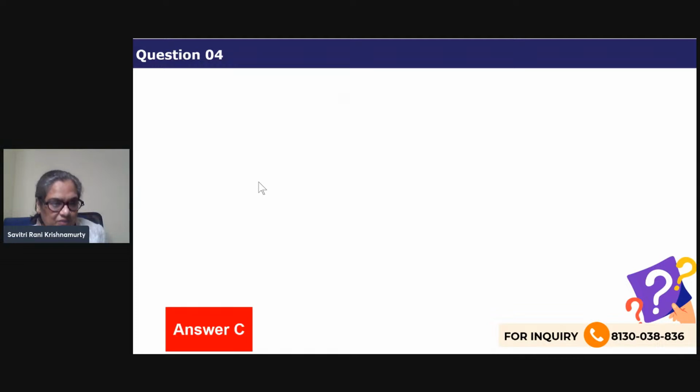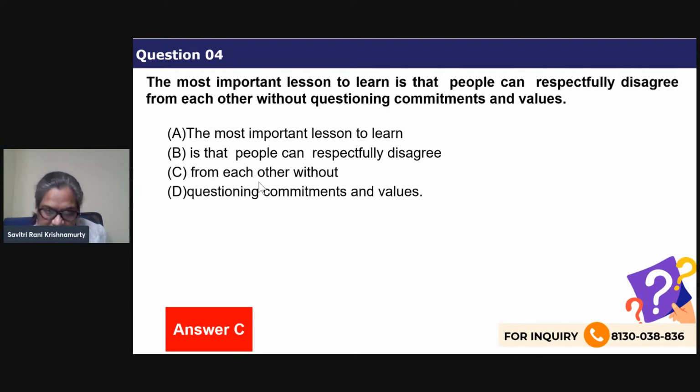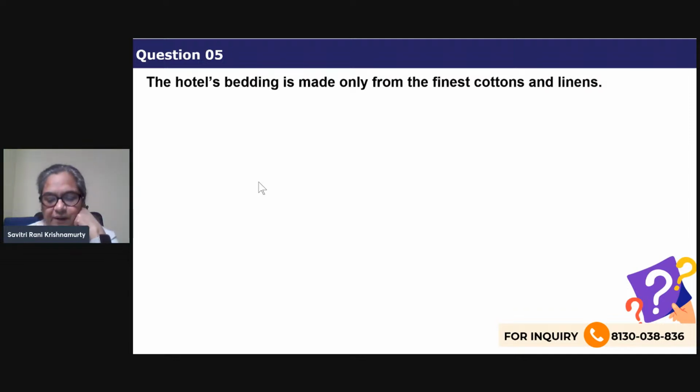The answer obviously is not "disagree from each other" but "disagree with each other without questioning commitments and values." Excellent. Okay, let's look at the other one. Agree and disagree are different in certain ways. Agree has a lot of prepositions it can take depending on the context.